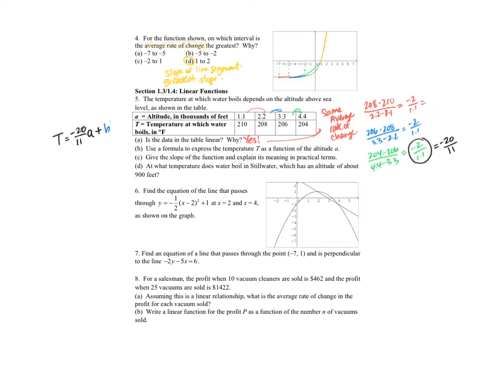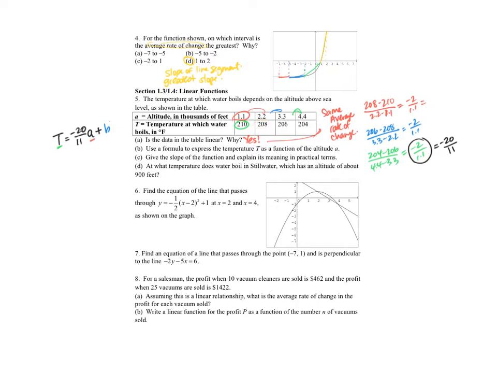I can plug in some of my known values for T and A. For T, I could put 210, and for A, I would plug the altitude that goes with that, which is 1.1.